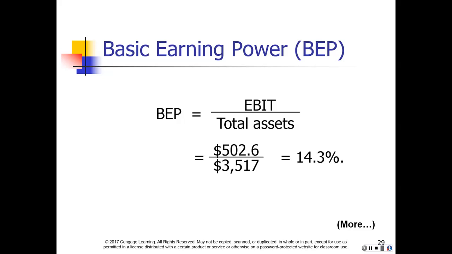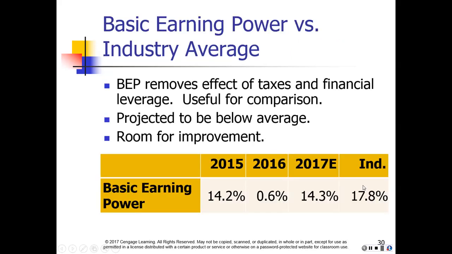And so we look at the basic earning power, which is based on the total investment in the company's assets, and that's operating profit over total assets. So EBIT is our operating profit, divided by total assets. EBIT over total assets in 2017 is 14.3%, right?